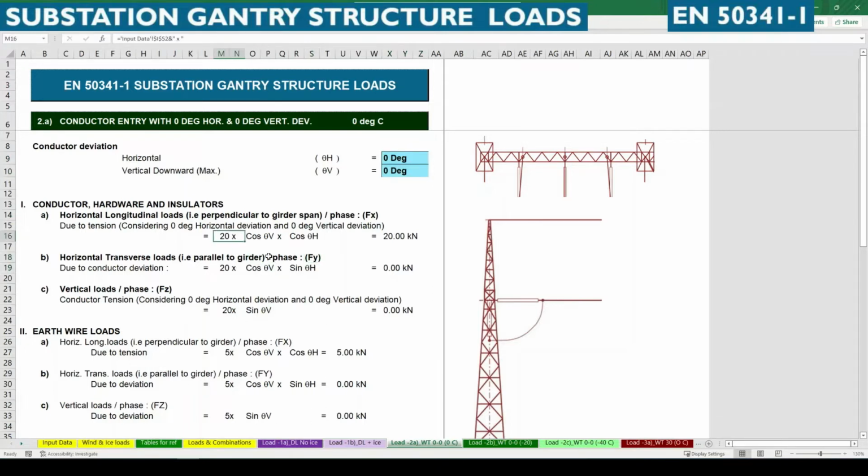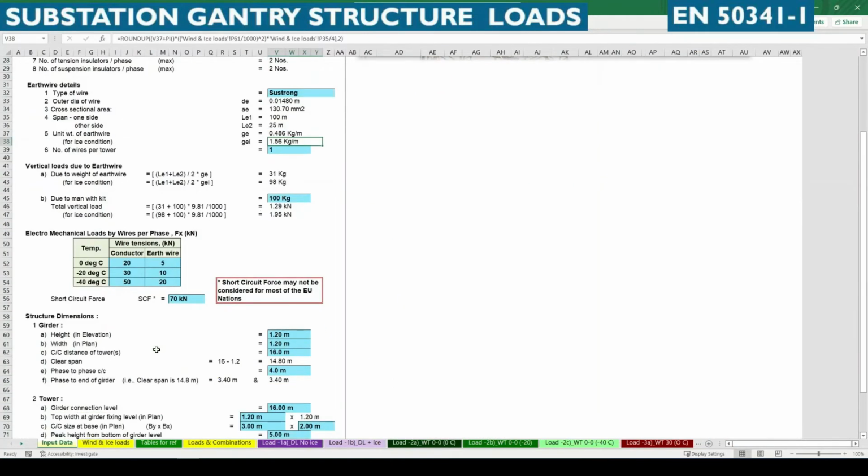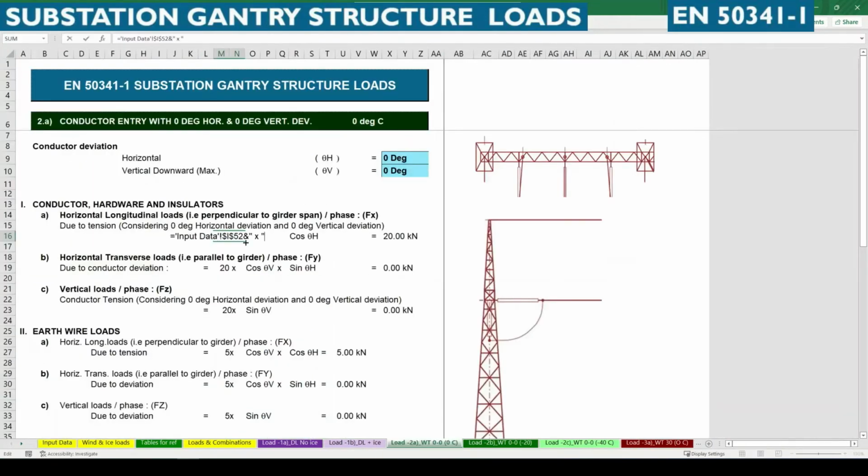We know that at 0 degree Celsius, we already have in our input data, it is 20 kilonewton. Similarly for earth wire it is 5 kilonewton. So here we can directly consider the longitudinal load, that is perpendicular to the girder span, as 20 kilonewton directly, as both horizontal and vertical deviation are 0.